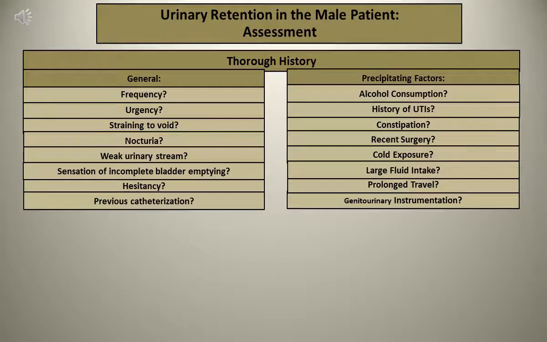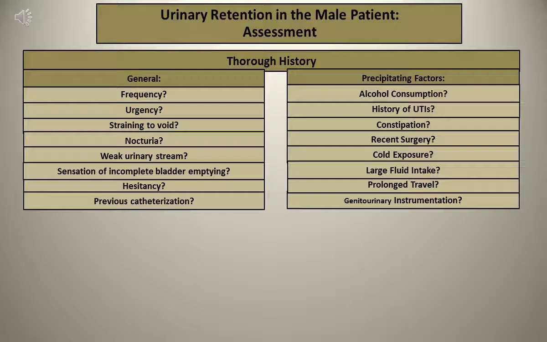The history of present illness will generally reveal a history of multiple lower urinary tract voiding symptoms, including frequency, urgency, nocturia, straining to void, a weak urinary stream, hesitancy, sensations of incomplete bladder emptying, and stopping and starting of the urinary stream.